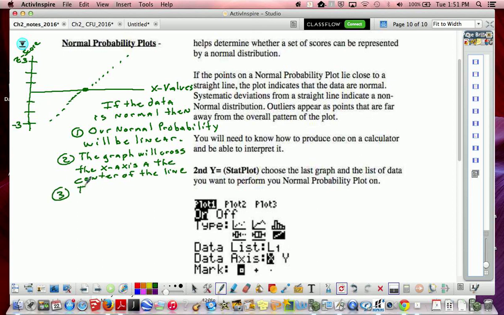And 3, the spread of scores above and below the x-axis will be about the same.